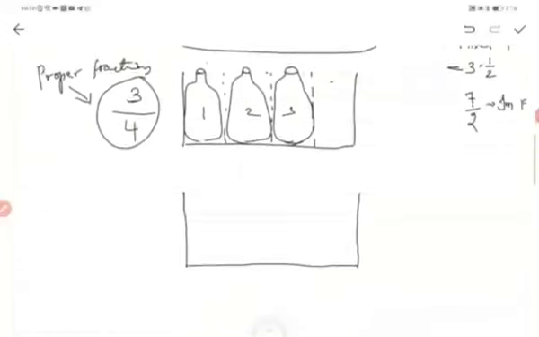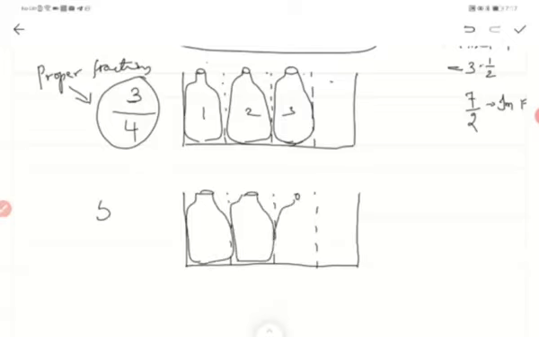Now the case in which you can only accommodate 4 bottles, but I have 5 bottles to be placed. Your 4 bottles are accommodated here like this, and what will happen? One more bottle, you're trying to place it somewhere up like this.